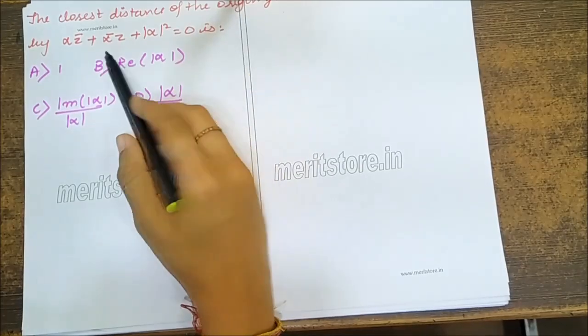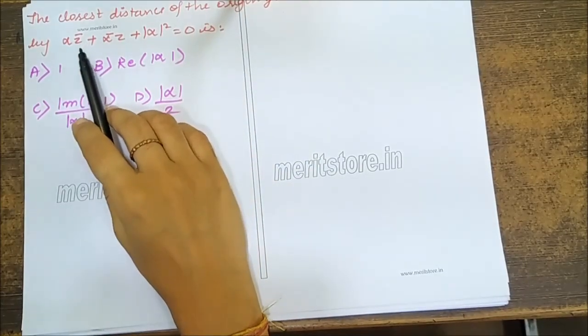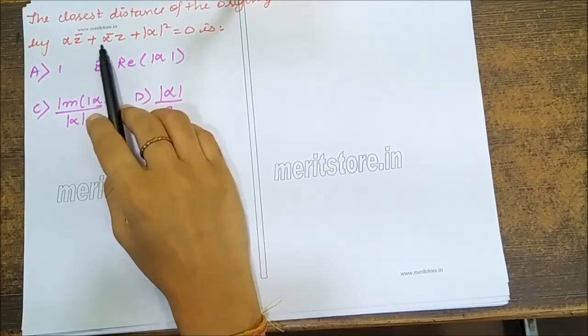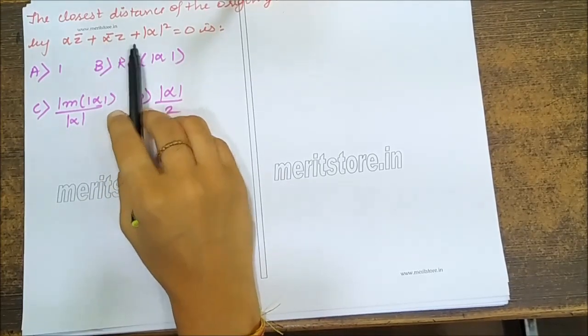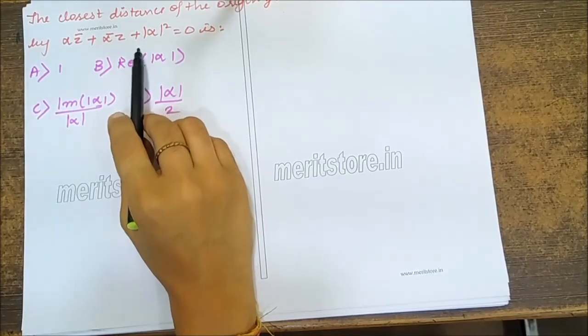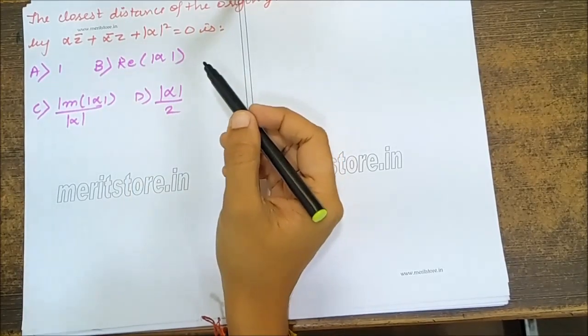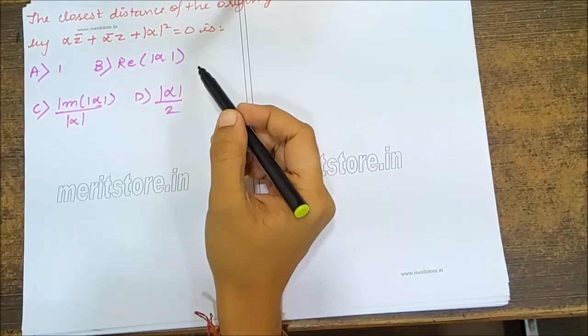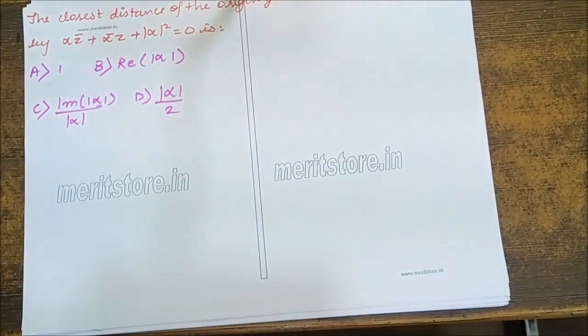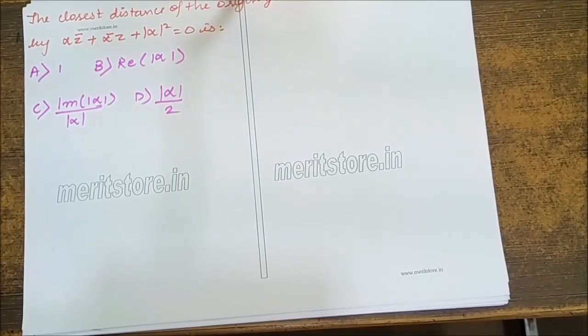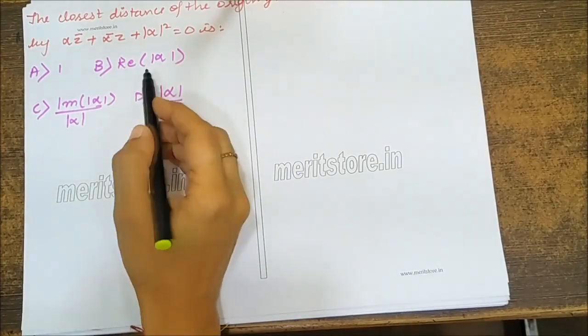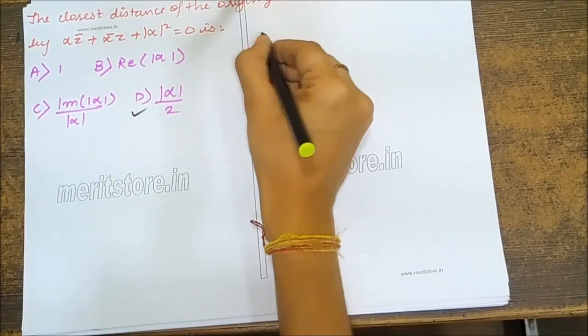The closest distance of the origin from a curve given by alpha conjugate of z plus alpha bar z plus modulus of alpha square is equal to 0. And the answer is D. How do you get this?